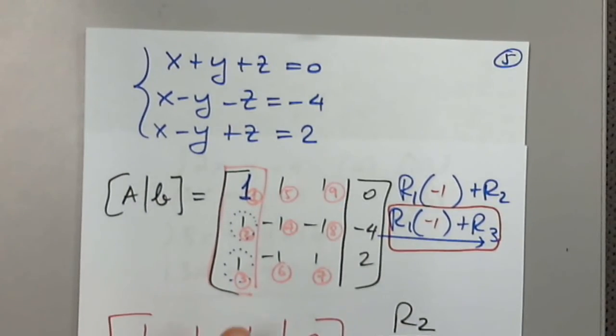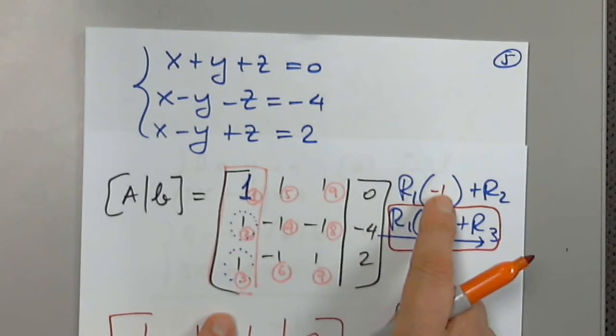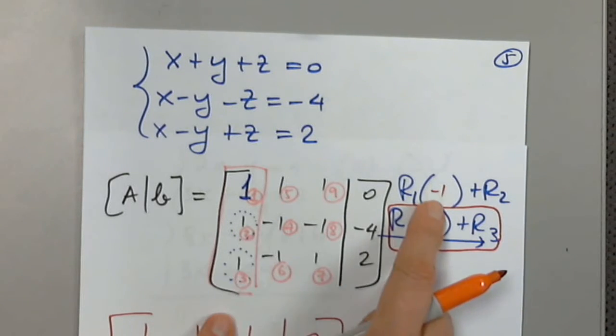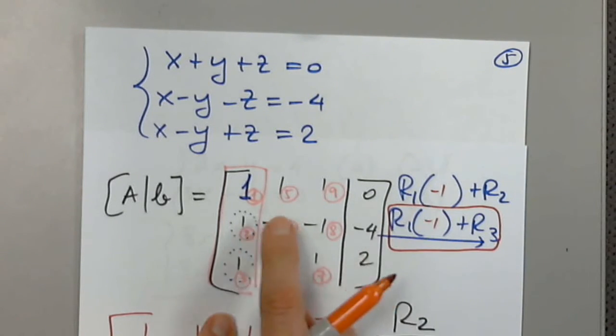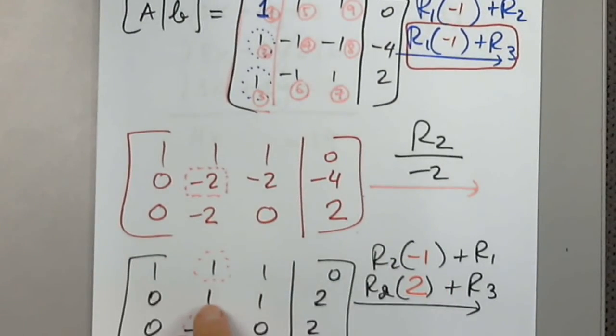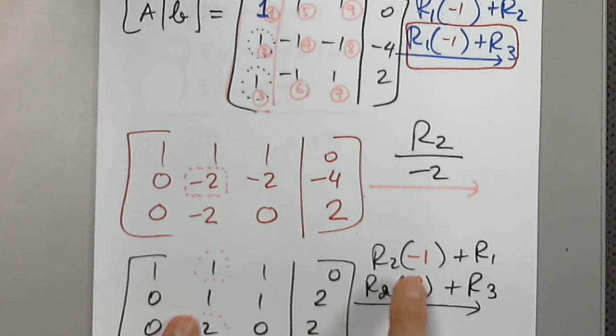Okay. So remember how we found these? I had to multiply a number by this to add it here and get a 0. So it must be -1. I had to multiply this by -1 to add it here to get a 0. So now the question is, what do I multiply this by and add it here to get 0? It must be -1.